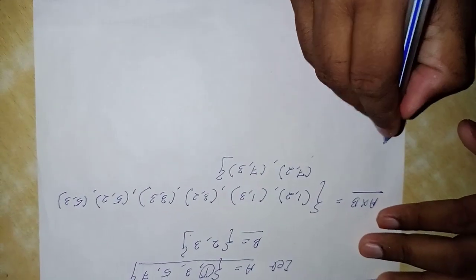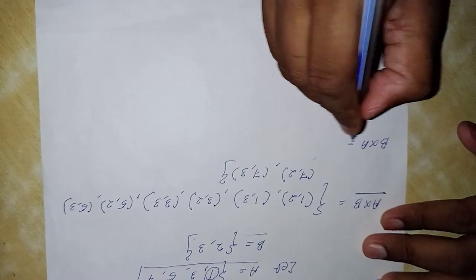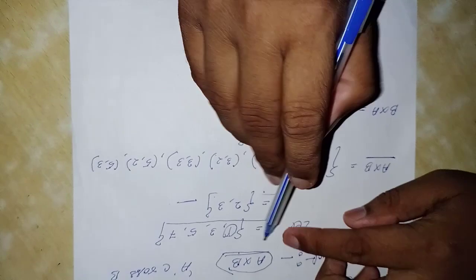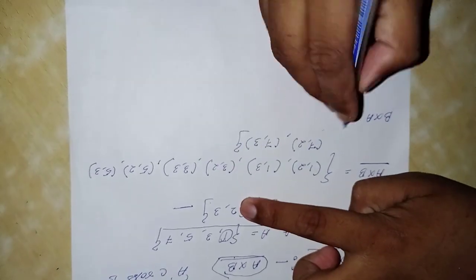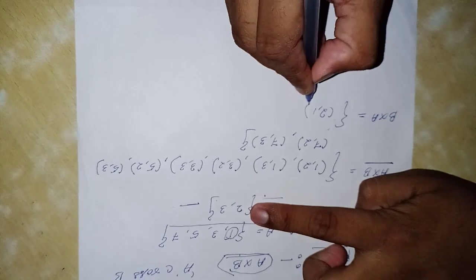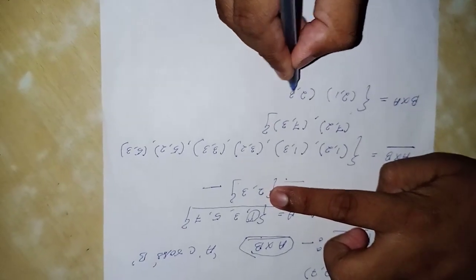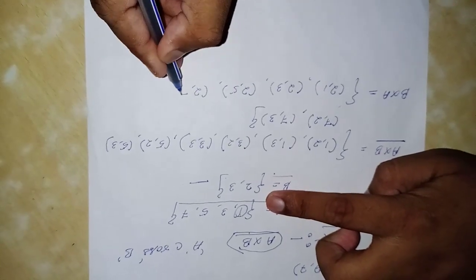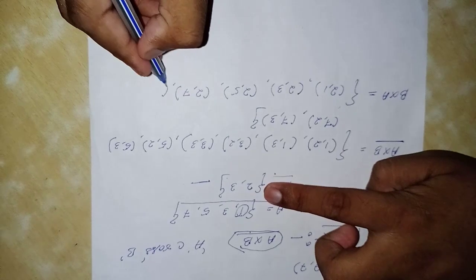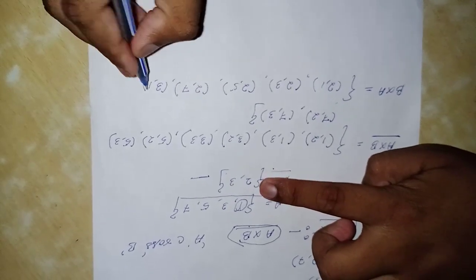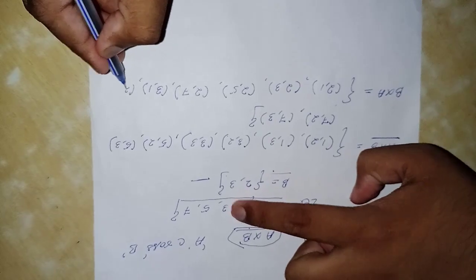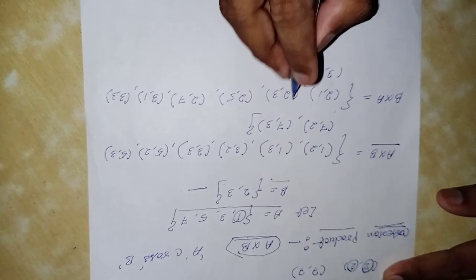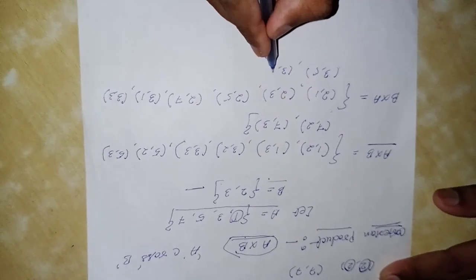Now we can also find B cross A. What is B cross A? Then the first set is B and the second set is A. Now we can write (2, 1), (2, 3), (2, 5), (2, 7), (3, 1), (3, 3), (3, 5), (3, 7).